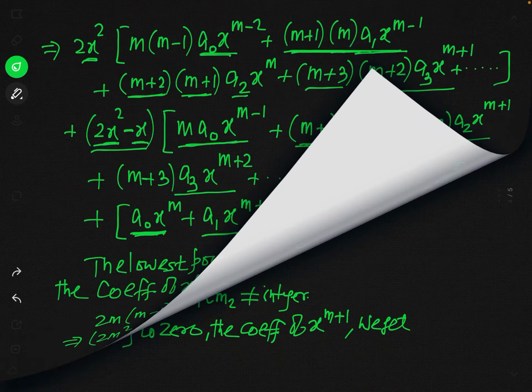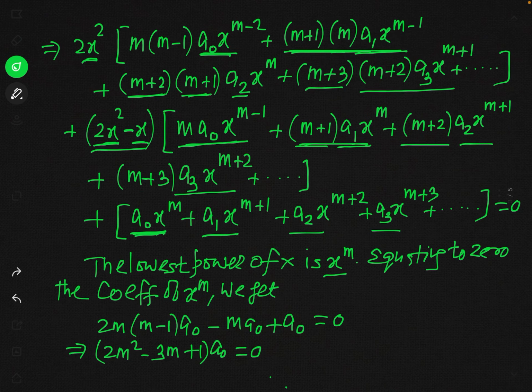So you can see again the terms containing x to the power m plus 2. When we multiply this x square to this term, you can see here is x to the power m, and when you multiply by this x square, the power on x will be m plus 2.